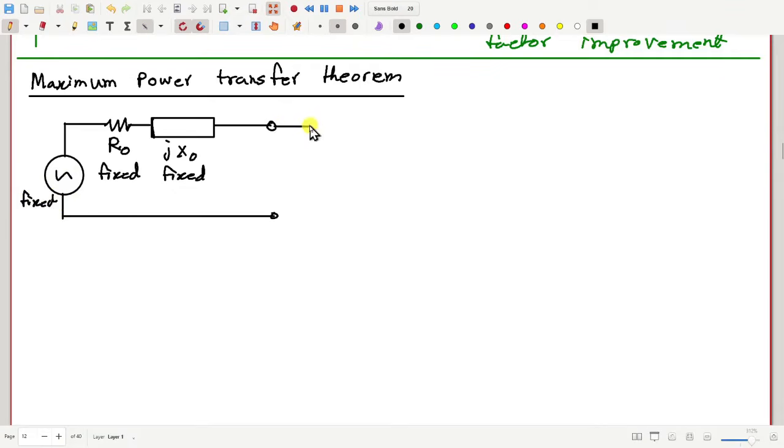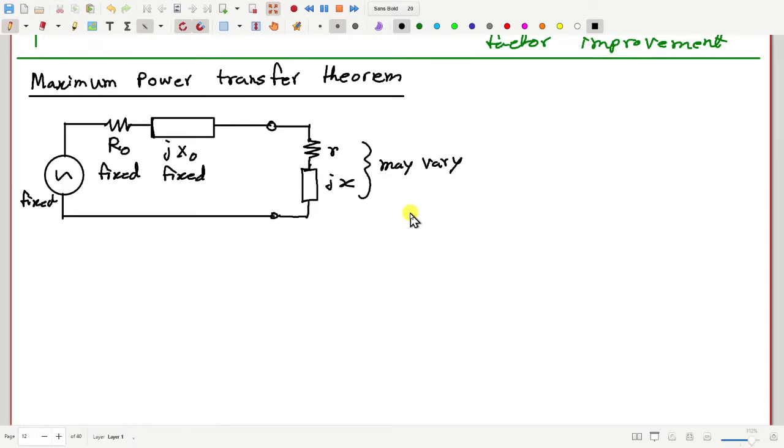Now here we connect a load, which is R plus jX. This is the load. Now these two may vary; I can change these two.